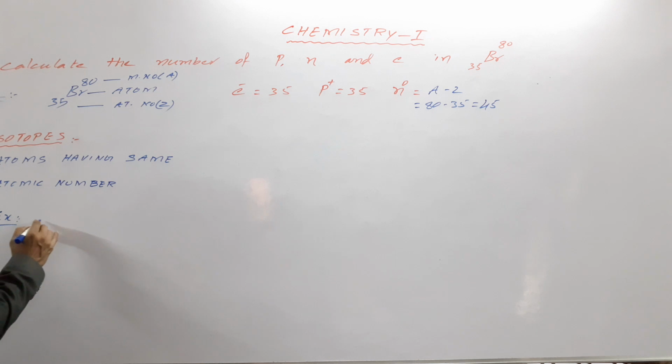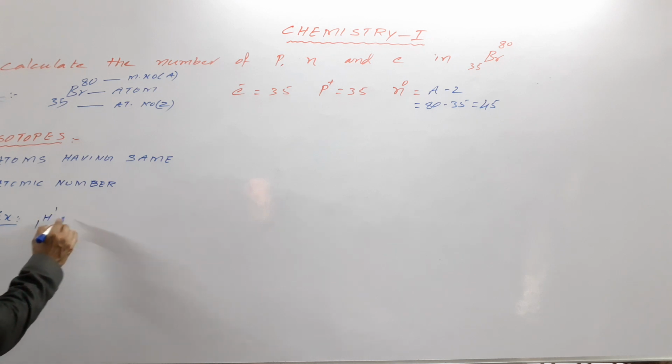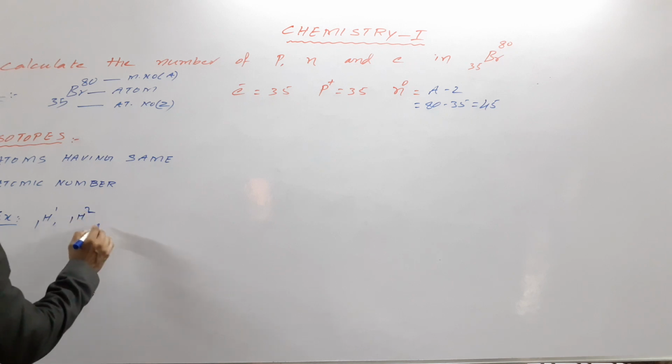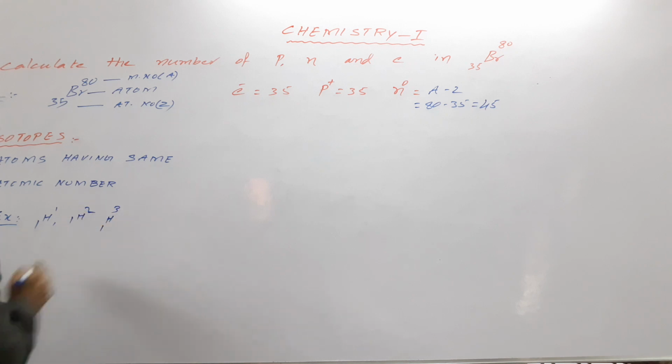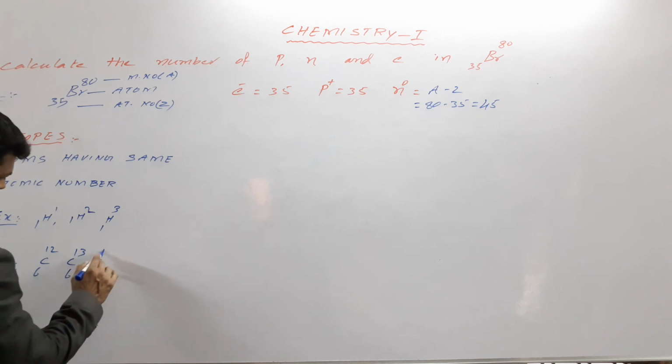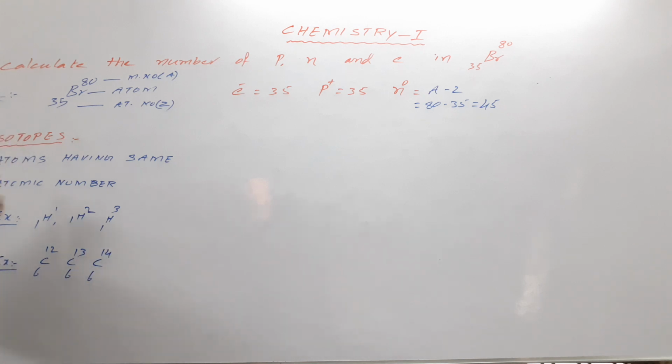Example: 1H1, 1H2, 1H3. These are called isotopes. One more example, carbon C612, carbon C613, carbon C614. These are called isotopes.